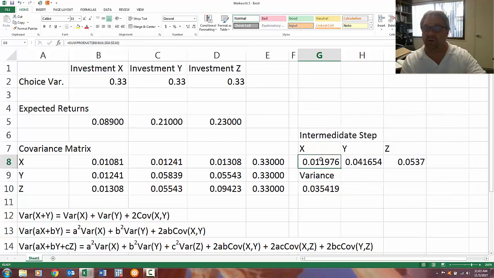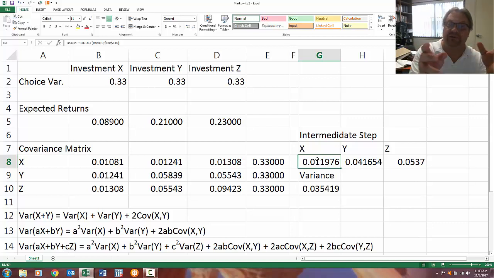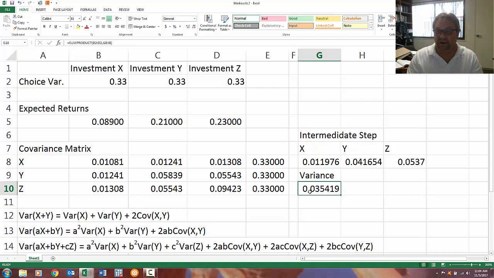Because now I'm taking A, B, and C and multiplying by all of these that already have A, B, and C times their variances and covariances, and then summing everything together. So actually this is my variance, all right?